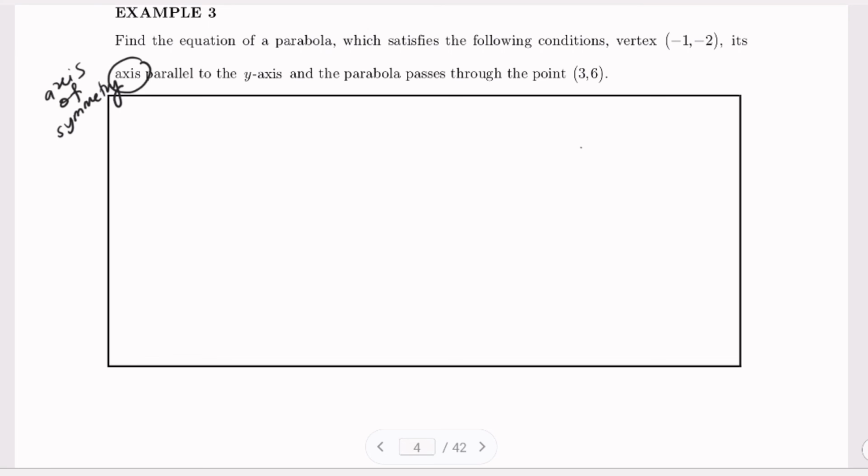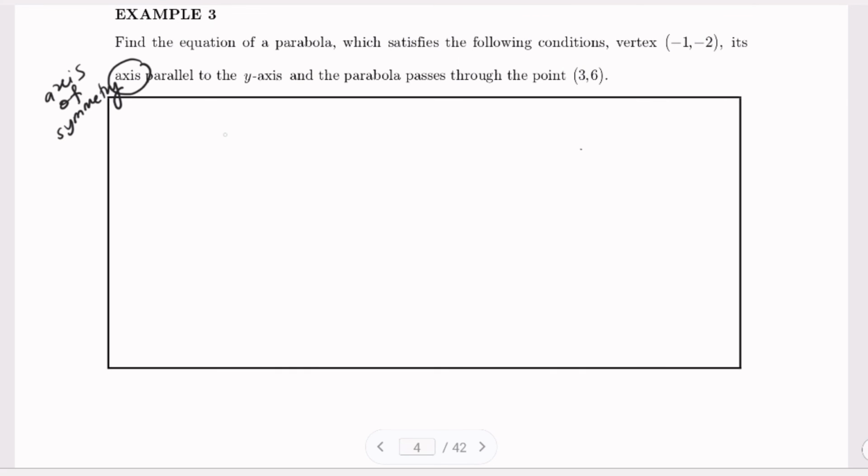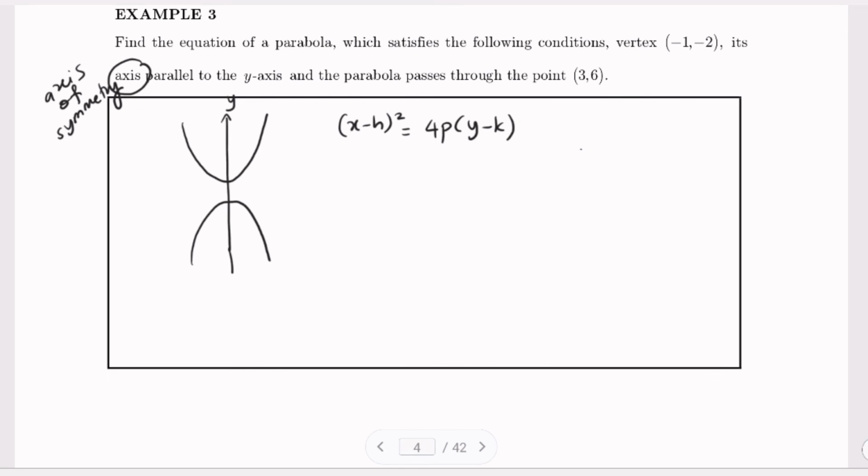Okay, since the axis of symmetry is parallel to the y-axis, the only shape that can occur is open upward or downward. Alright, so the formula will be (x minus h) squared equals 4p(y minus k). That's how you decide on which formula to be used.